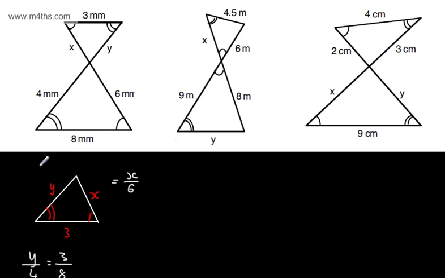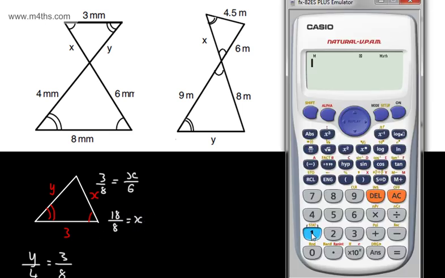So all I'm doing is taking the sides. That one over that one is the same as that one over that one. So 3 over 8, and we can multiply both sides by the 6. That's going to give me 18 over 8. So 18 over 8 will give us x. If we put that through a calculator, 18 divided by 8, that's going to give us 9 over 4, which is 2.25.